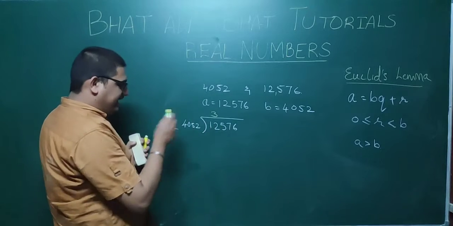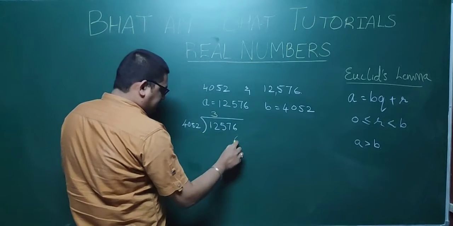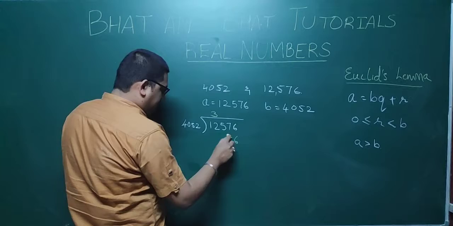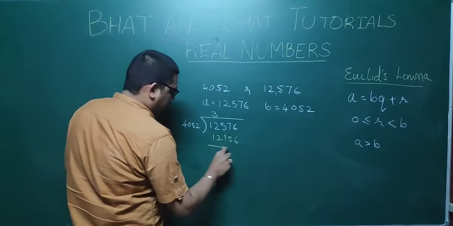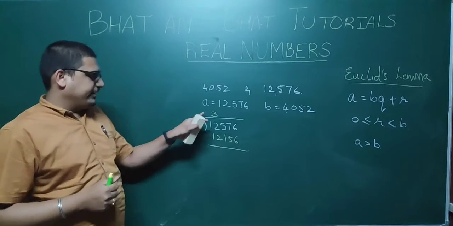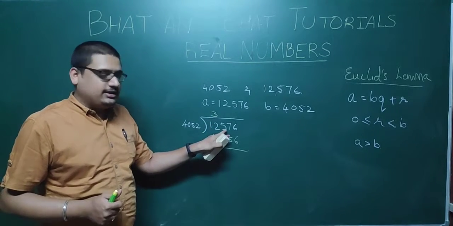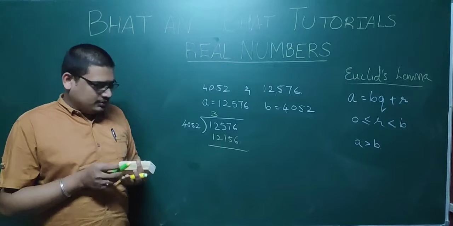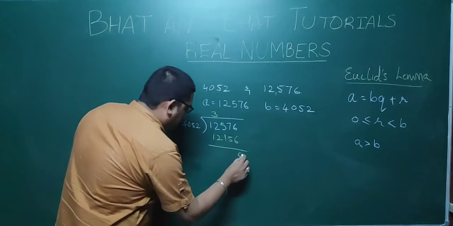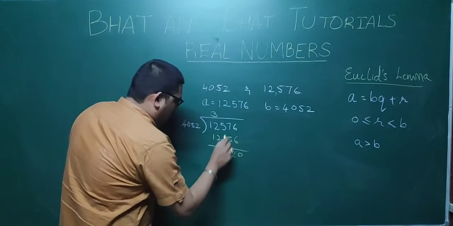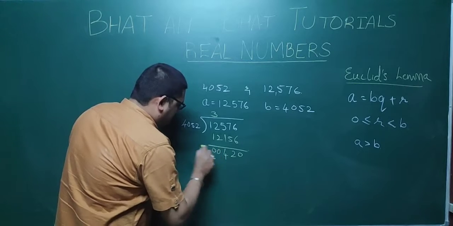If I take it as 3, 3 2s are 6, 3 5s are 15, 3 4s are 12. If I go for the next integer 4, the multiplication will exceed the given number 12,576. Subtracting, 6 minus 6 is 0, 7 minus 5 is 2, 5 minus 1 is 4, and this is 0.